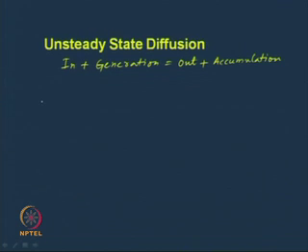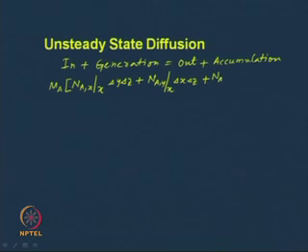Now, if we substitute, it will be M A into N A x at x delta y delta z plus N A y at x delta x delta z plus N A z at x delta y.